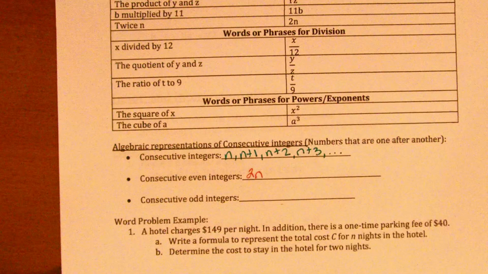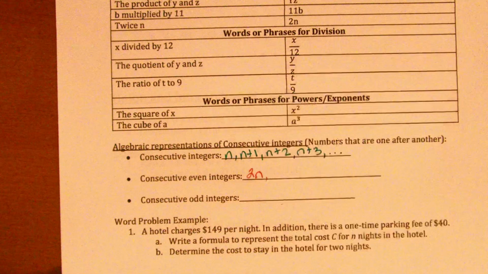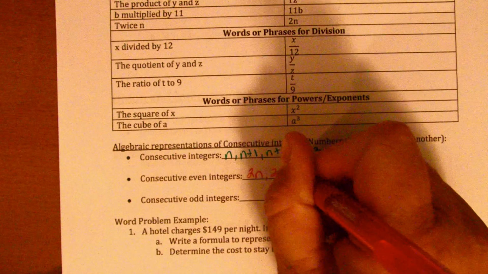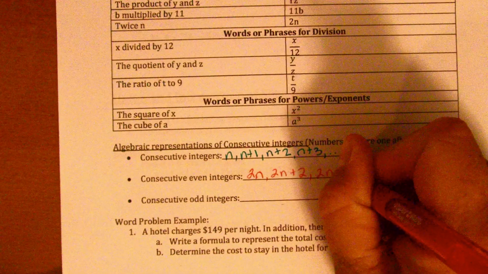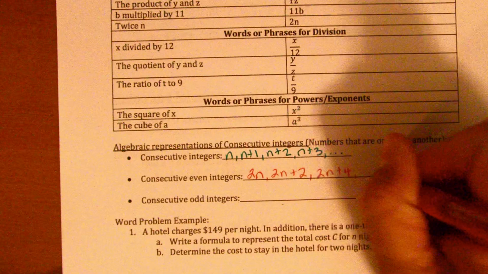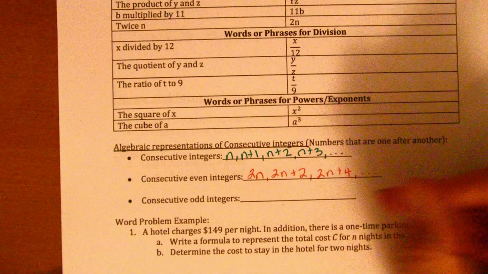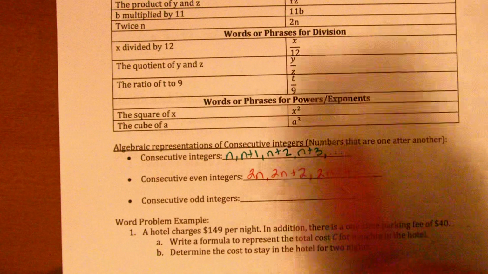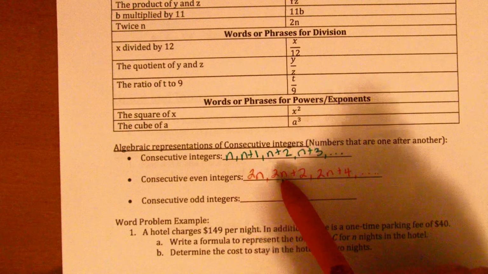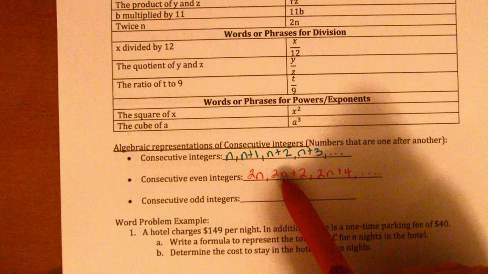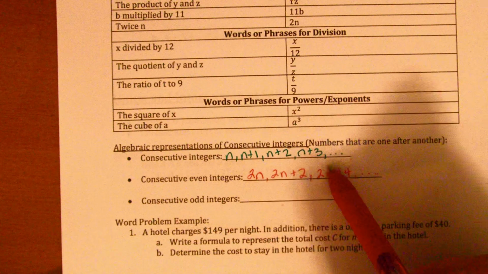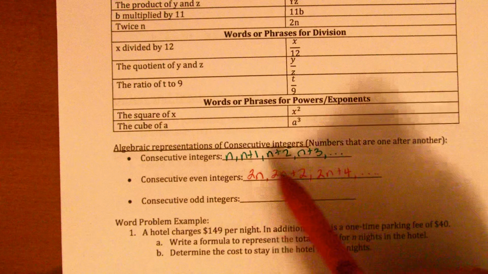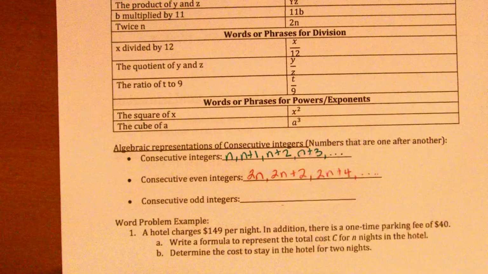That's still an even number. The next even number would be 2n plus 2, and the one after that would be 2n plus 4, and so on. For example, if n was 4, 4 times 2 is 8, plus 2 is 10, 8 plus 4 is 12. So 8, 10, 12, those are consecutive even numbers.